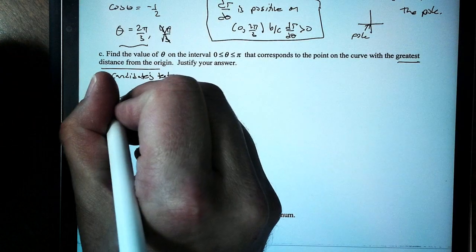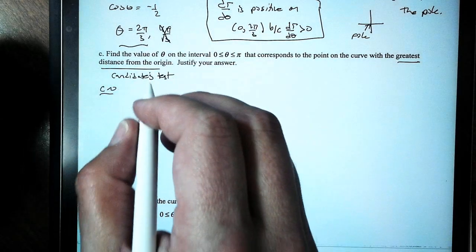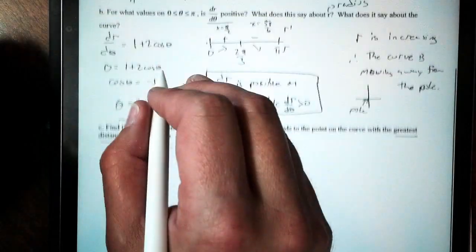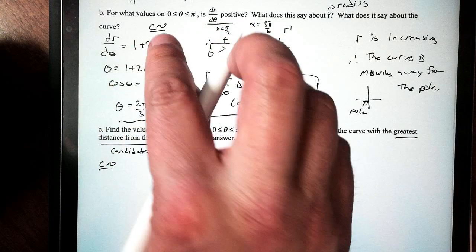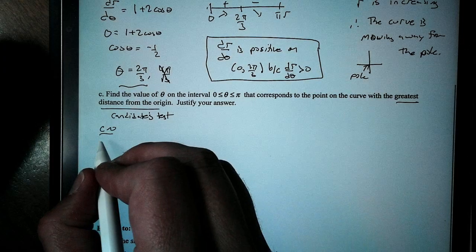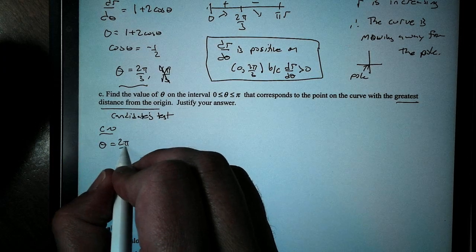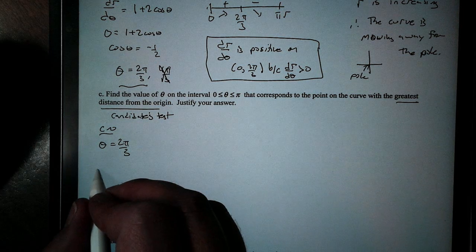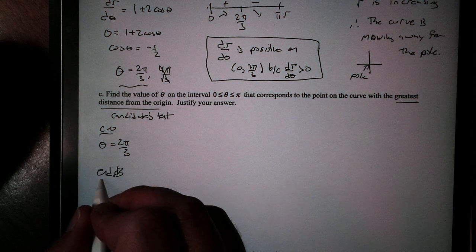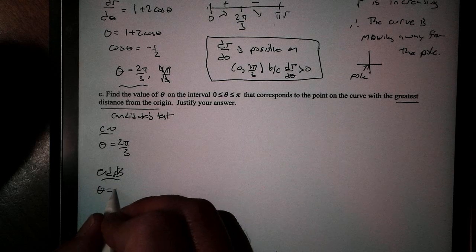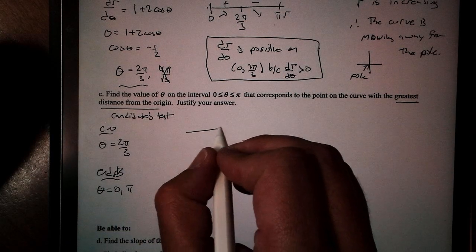So again, we have to get our critical numbers. We already did that up here. This was our critical numbers right here. We already have that, so we know theta equals 2 pi over 3. My endpoints for my candidate's test are theta equals 0 and pi, and I just plug it in.